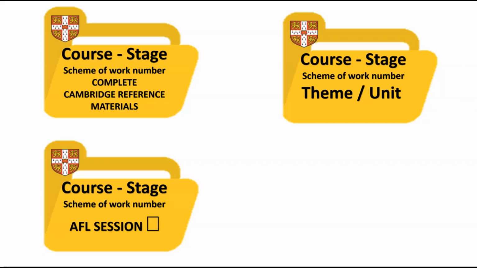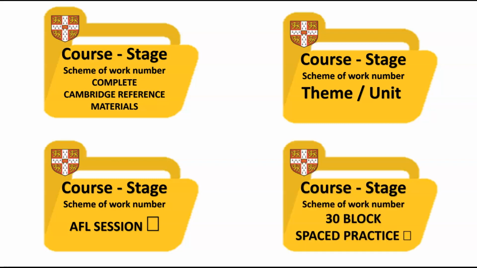And then you'll make another folder for your November, December assessment for learning sessions. So you will have 3 assessment for learning folders. And then you will have 3 block space practice folders, 1 for the moment. Your second one will be in January that you'll put up. So these are your main folders.